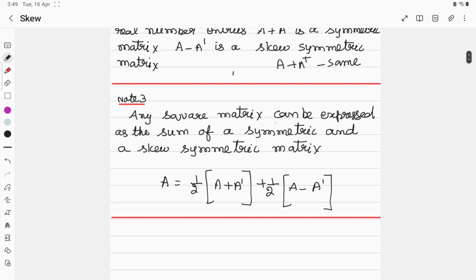Any square matrix can be expressed as the sum of a symmetric and skew symmetric matrix. ஒரு மேட்ரிக்ஸ் வந்து ஒரு ஸ்கியூ சிமெட்ரிக் மேட்ரிக்ஸாகவும் சிமெட்ரிக் மேட்ரிக்ஸாகவும் நம்மளால் எக்ஸ்ப்ரெஸ் பண்ணி எழுத முடியும். ஸோ இப்போ A is a square matrix-னால் இதை வந்து 1/2 (A plus A transpose) plus 1/2 (A minus A transpose) என ஸ்ப்ளிட் பண்ணி எழுதலாம். Here A plus A transpose is symmetric matrix. Like that, A minus A dash is a skew symmetric matrix.